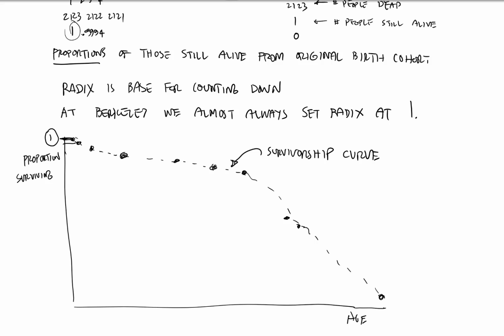We give it a name, survivorship, and we give it a symbol, and that symbol is L sub x, or sometimes we're going to use the functional notation L of x rather than L sub x.